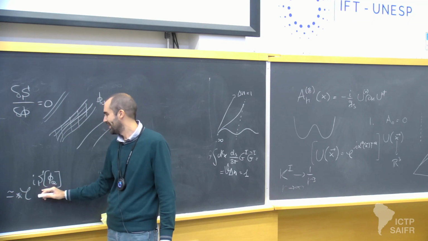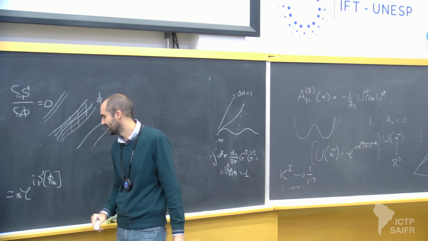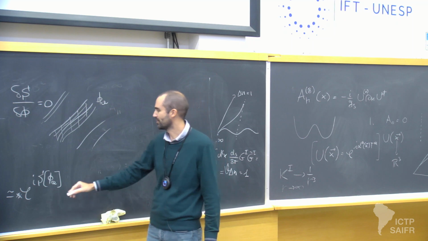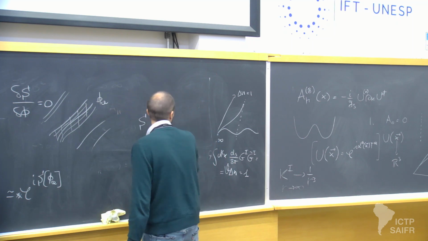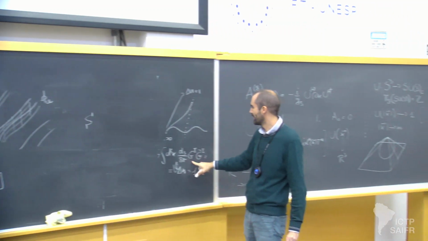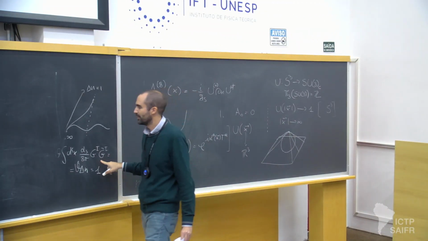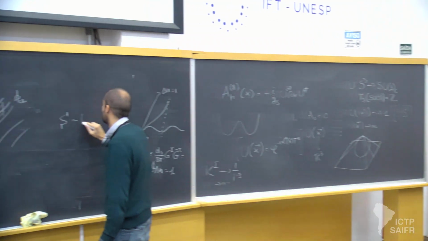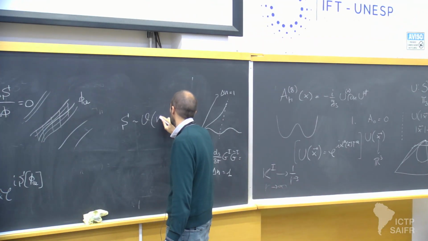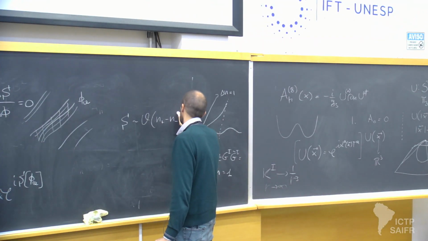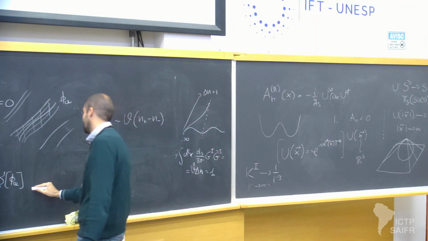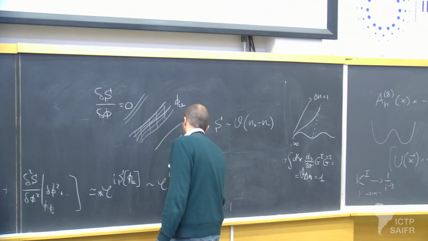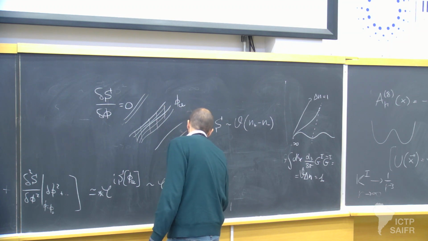The leading term is the action evaluated over the classical solutions of the equation of motion. And so if we evaluate our action on an instanton solution, we're going to get a term that looks like theta times some difference of integers, right? So this term has a factor that looks like this.